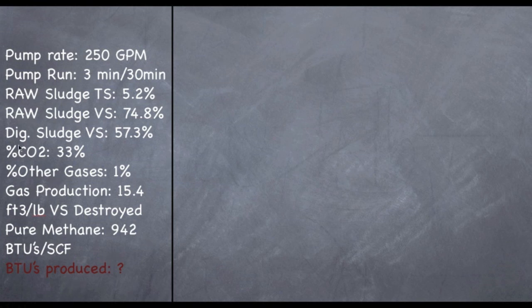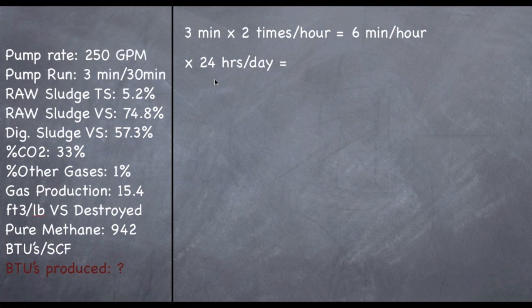So first let's find out what we're sending to the digester. We have a pump that runs 3 minutes 2 times an hour. So that's a total of 6 minutes every hour. So let's find out how many minutes it's pumping in an entire day. We multiply that 6 minutes times 24 hours per day. So in one day we get a total pumping time of 144 minutes per day.